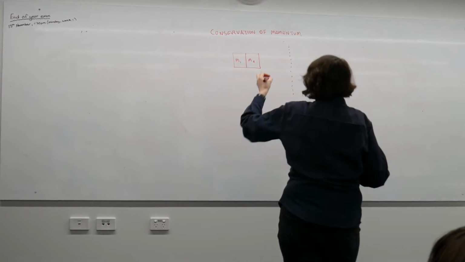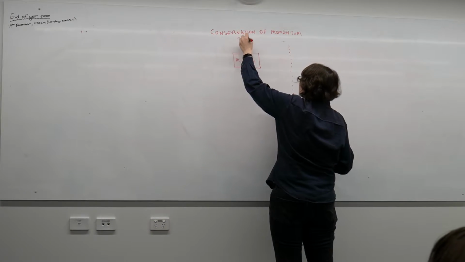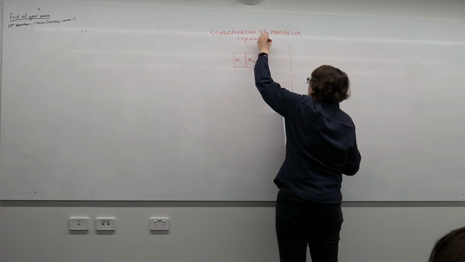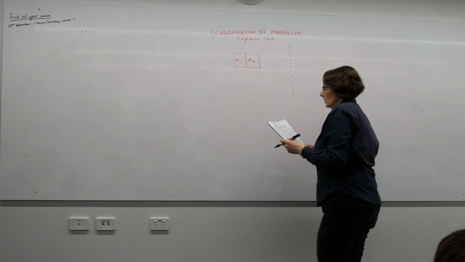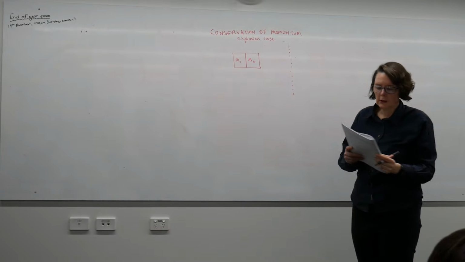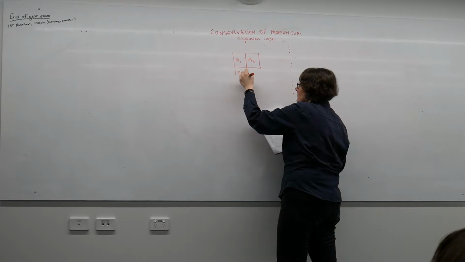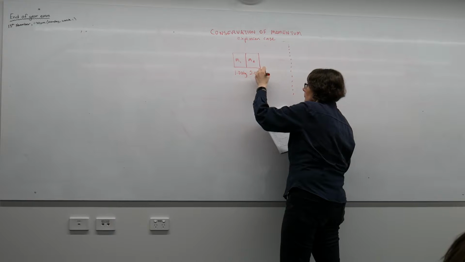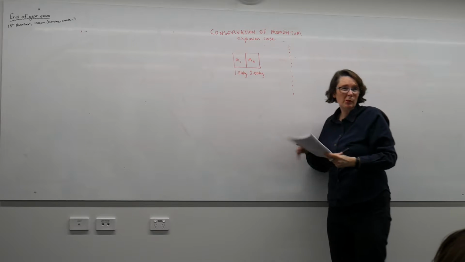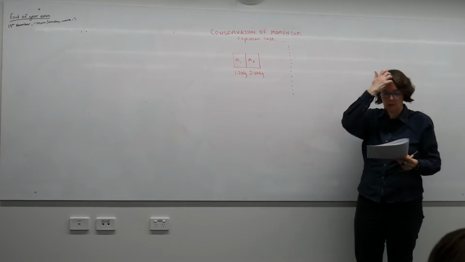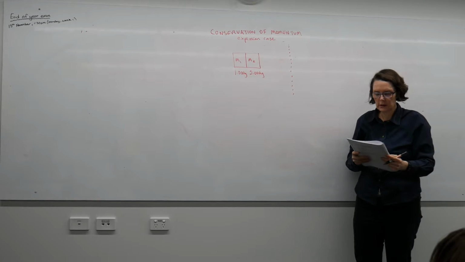The explosion case. Two stationary objects of mass 1 kilo and 2 kilo. No velocity, so I'm not writing anything above those boxes at the moment because there's no movement.